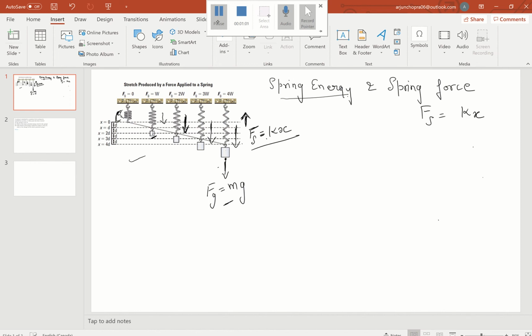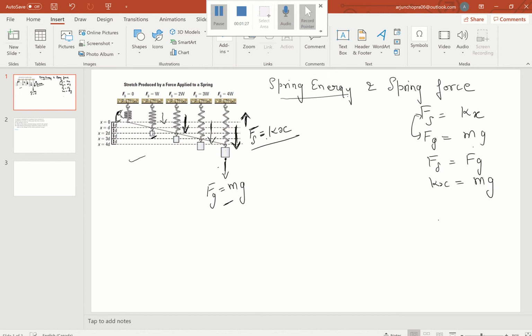And you can also say that because Fg is equal to mg and both Fs and Fg are equal, I can say Fs equal to Fg, which is Kx equal to mg. Now if I talk about the direction, force is a directional quantity and displacement is also a directional quantity.